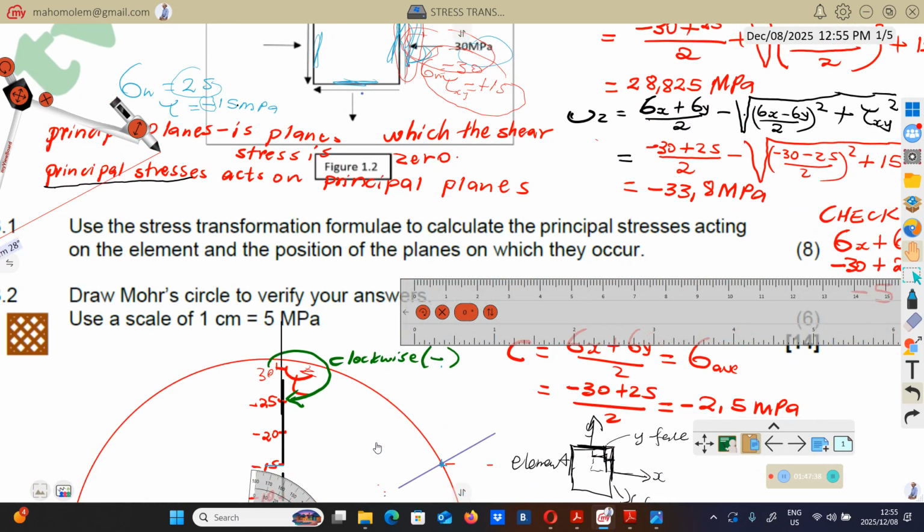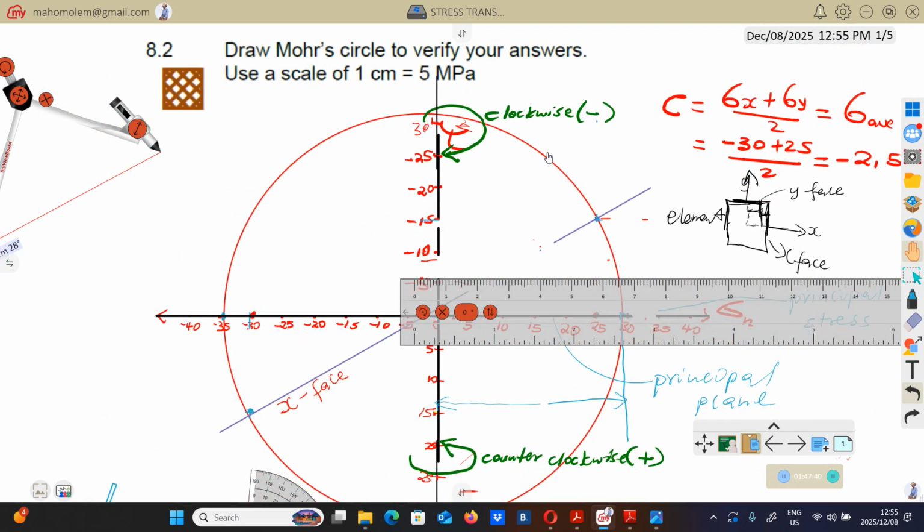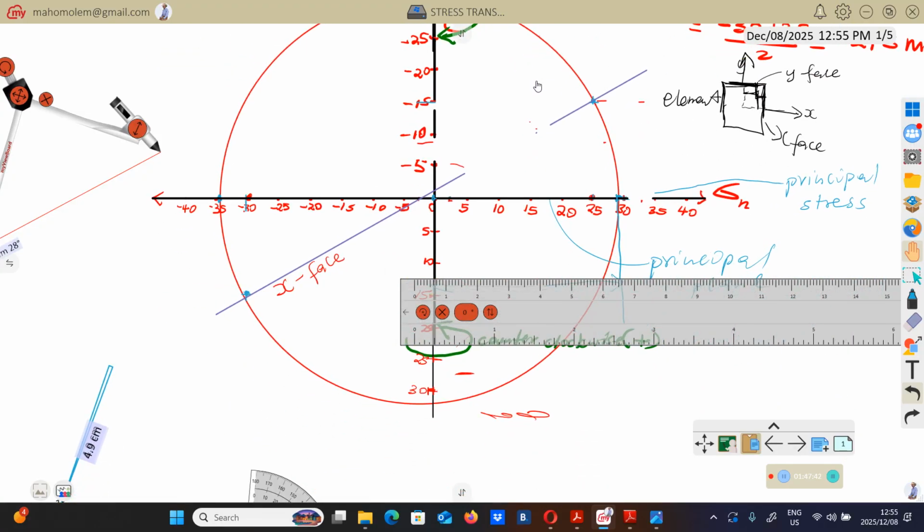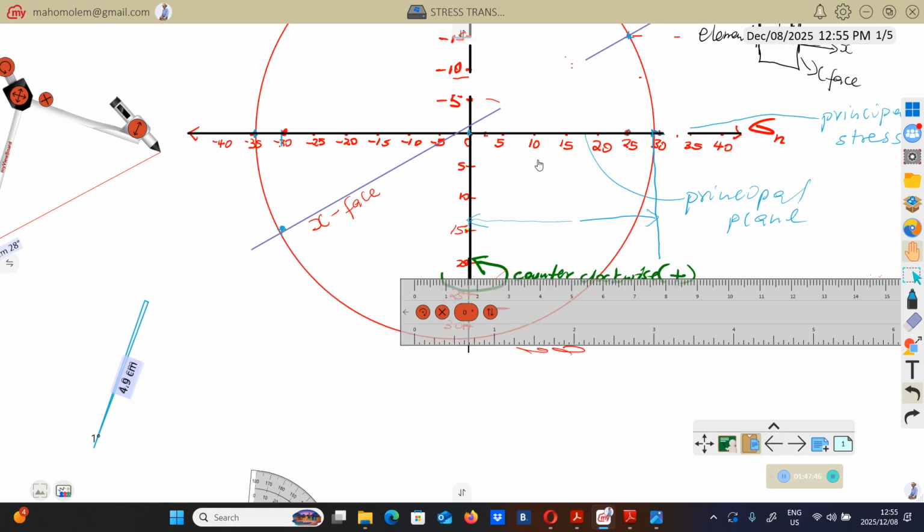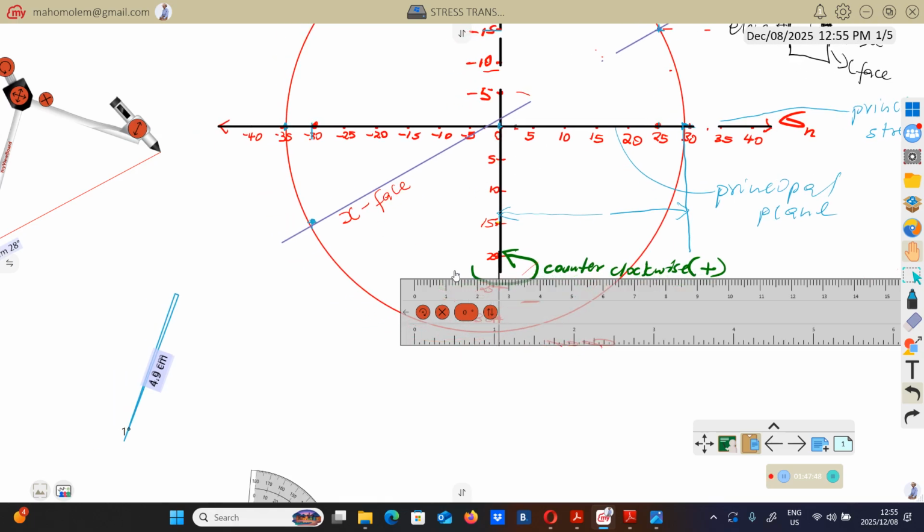So the principal stress on the X face, this is the X face, you will measure from the origin, from here to there.